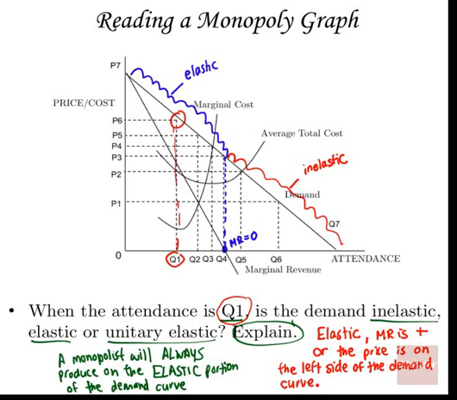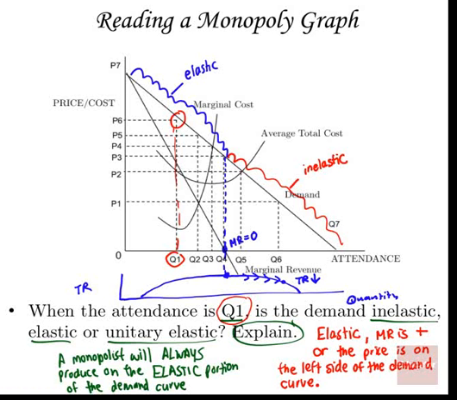Now, here's the reason why. I'm a little short of space here, but let's assume that this is a total revenue chart, and the bottom is also the quantity or attendance. So you want to draw this total revenue chart right here. If you're operating on the inelastic portion and you produce more, the total revenue is going to go down.